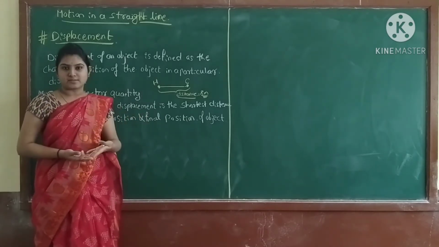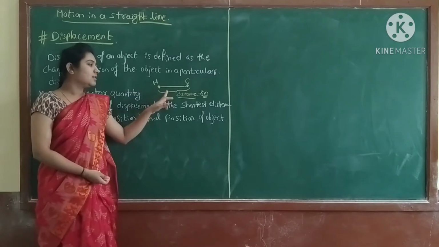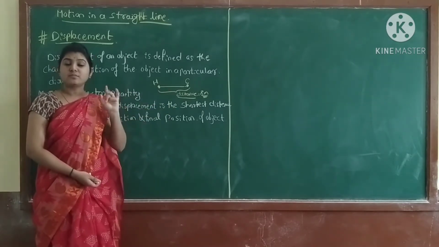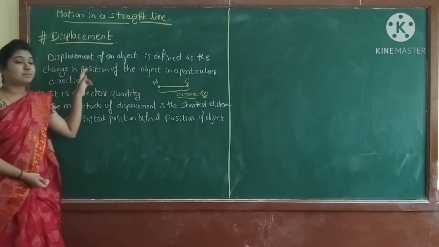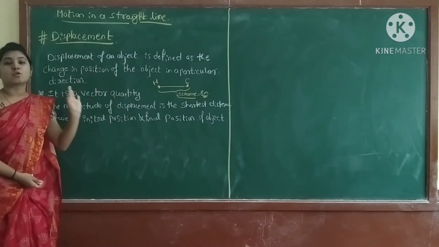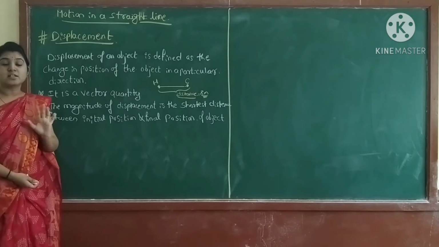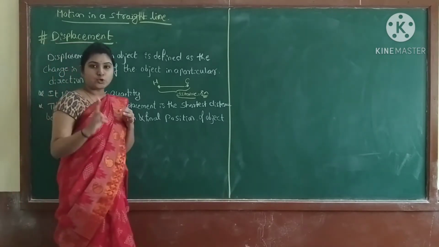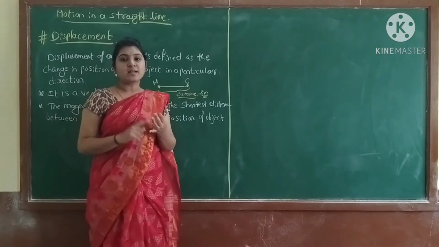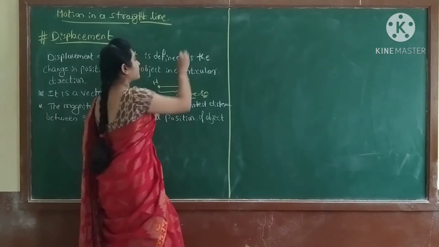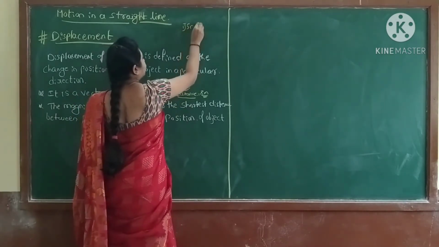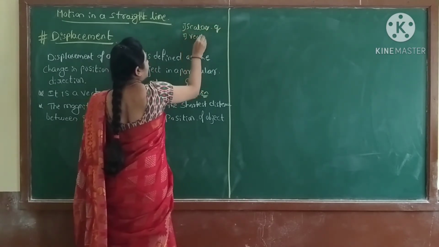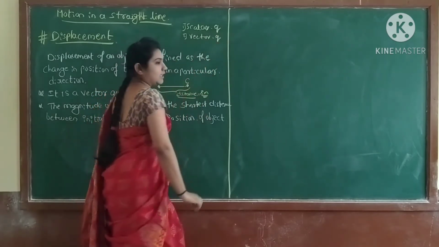Then what is that? We know that distance is a scalar quantity. But displacement is not a scalar quantity. I told you that there are two types of physical quantities: one is scalar and the other is vector.